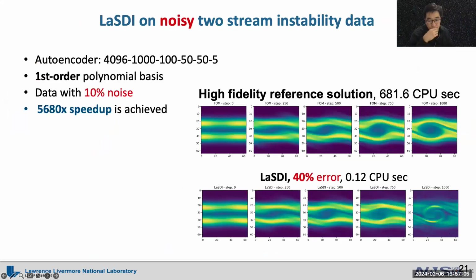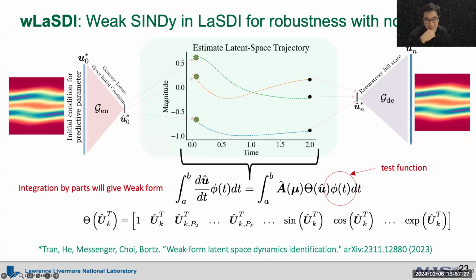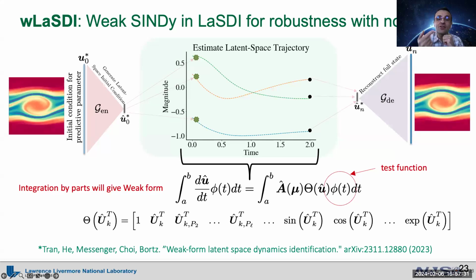But if you use the weak LaSDI, then this fixes the problem. And I was wondering, is it the integral formulation in the weak LaSDI? What makes it robust with respect to noise? Is it the integral? I thought that's what you said, but I want to make sure.